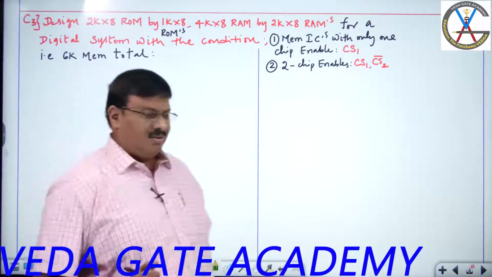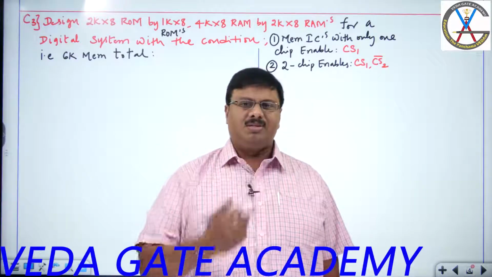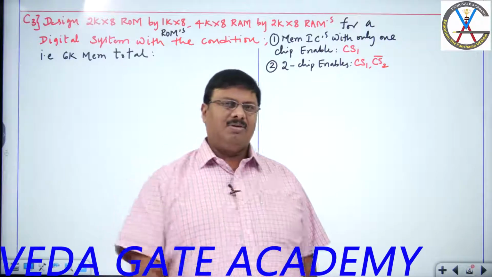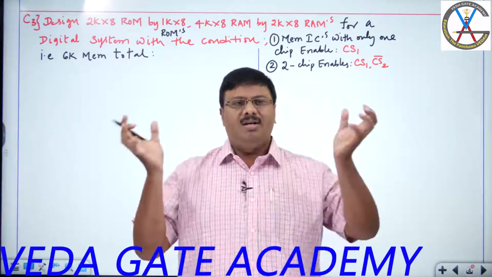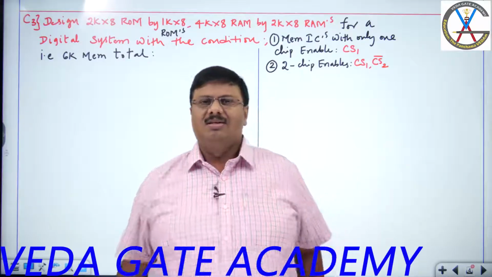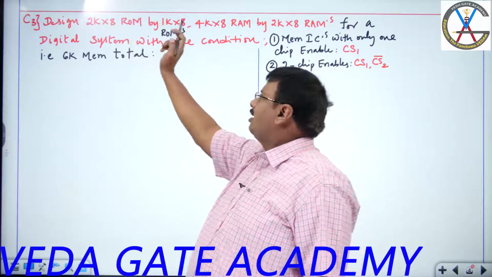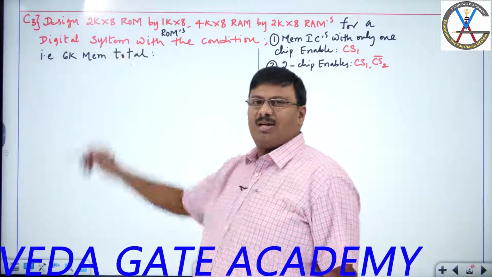Repeat once again. 2K into 8 ROM by 1K into 8 ROMs, 4K into 8 RAM by 2K into 8 RAMs. Now that means lower size ICs are available, and I want to make the larger size capacity of memory. If I take 2 of 1K, it will become 2K.